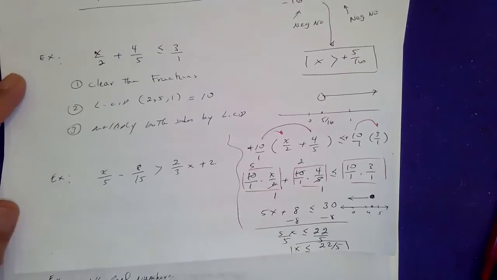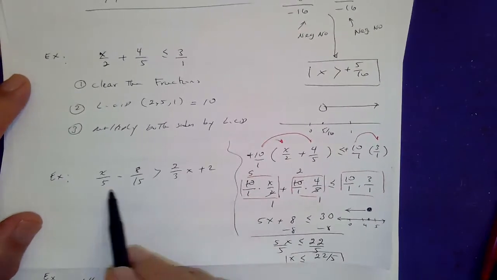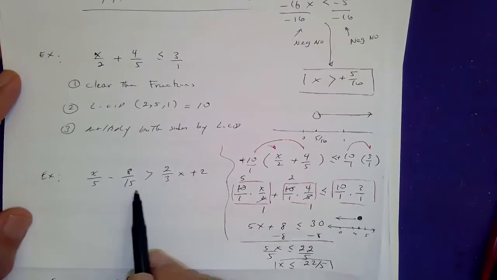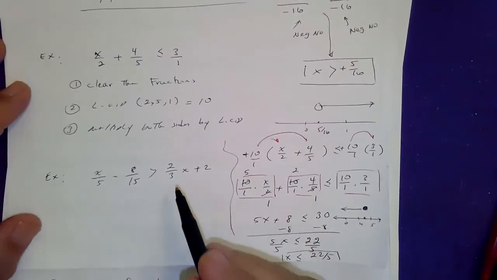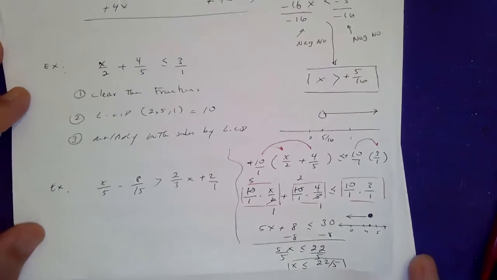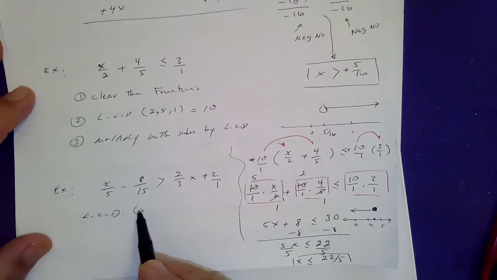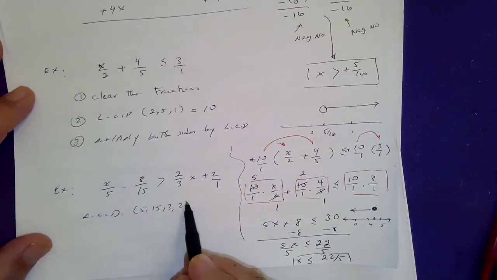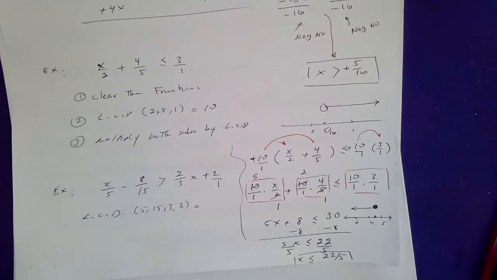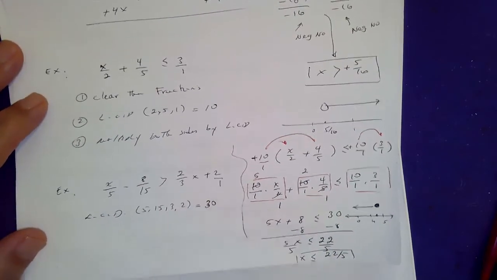Very nice. So this one also has a fraction. If you have fractions and whole numbers in equations or inequalities, change the whole numbers into fractions by giving them a denominator of 1. Find the lowest common denominator of 5, 15, 3, and 2. It turns out the answer, I believe, is 30.